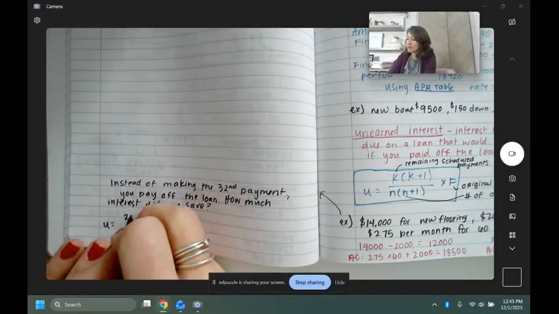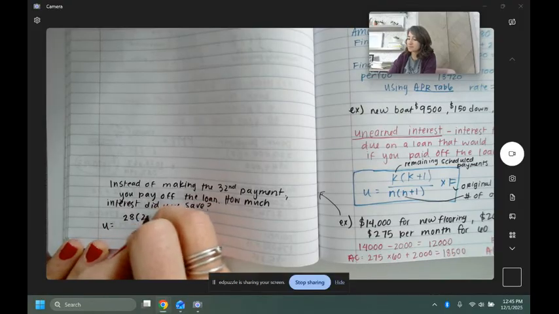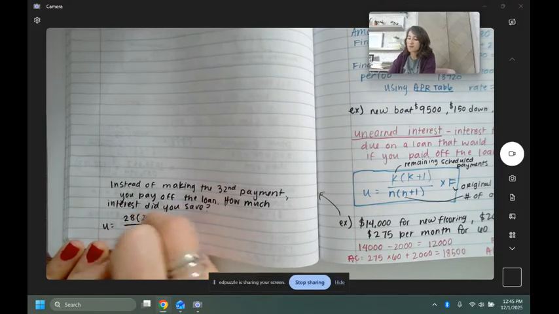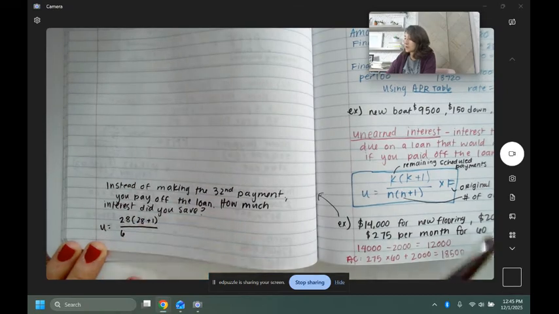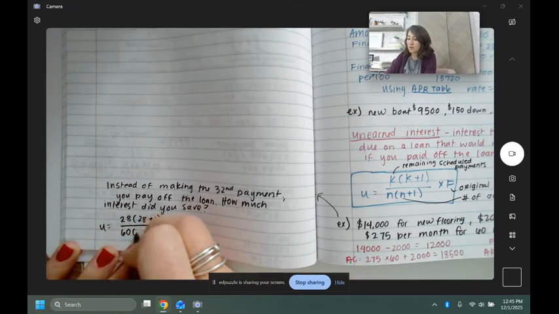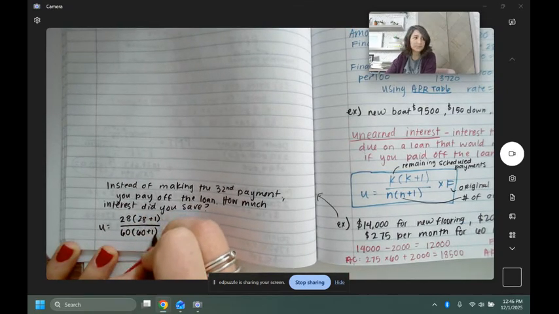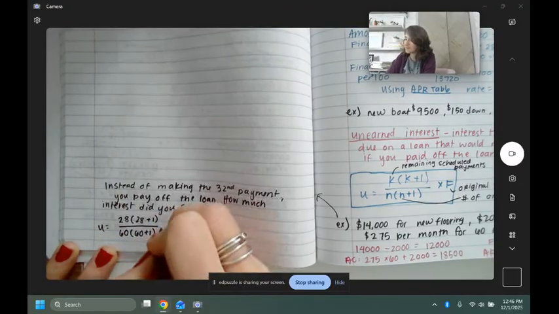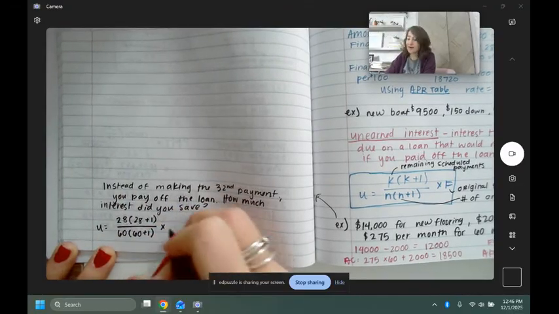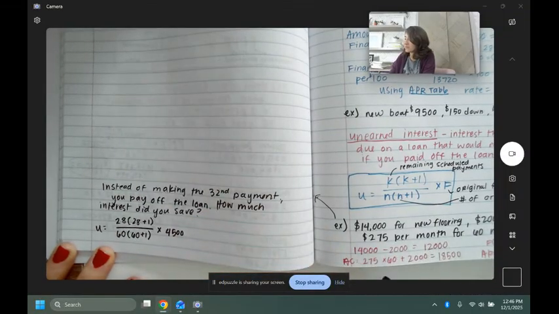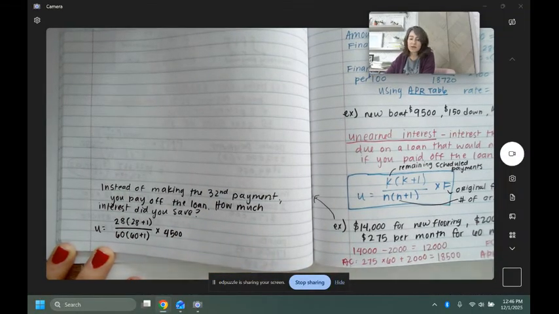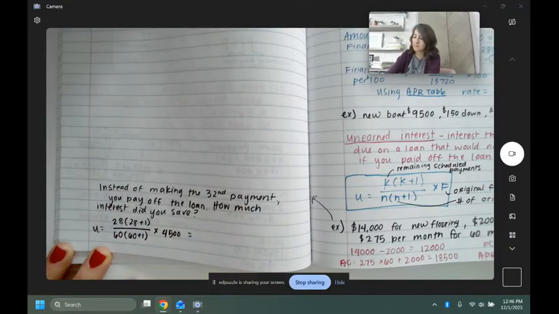So K is 28, over the original number of payments I was going to make, 60, times the finance cost, which was 4,500.